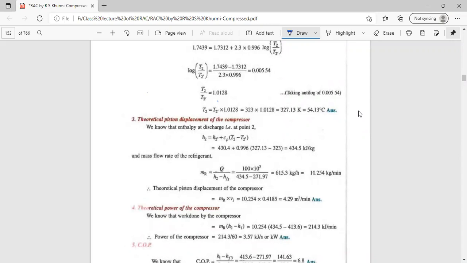434.5. The mass flow rate of the refrigerant will be equal to the amount of heat extracted per hour or per day divided by the amount of heat released in the condenser itself. So Q is given as 100 to the power 3.